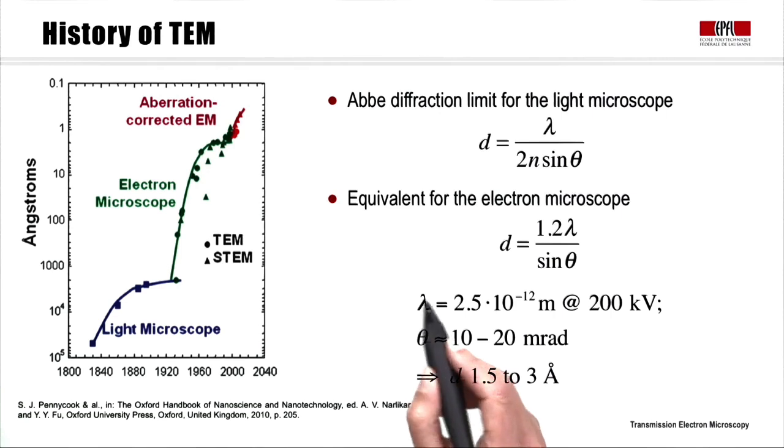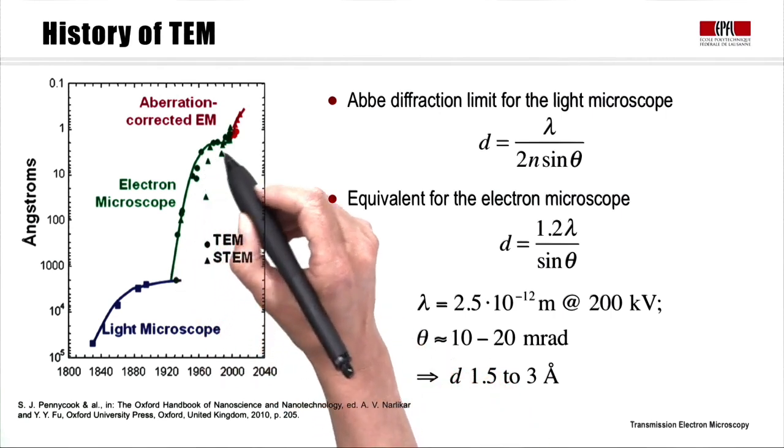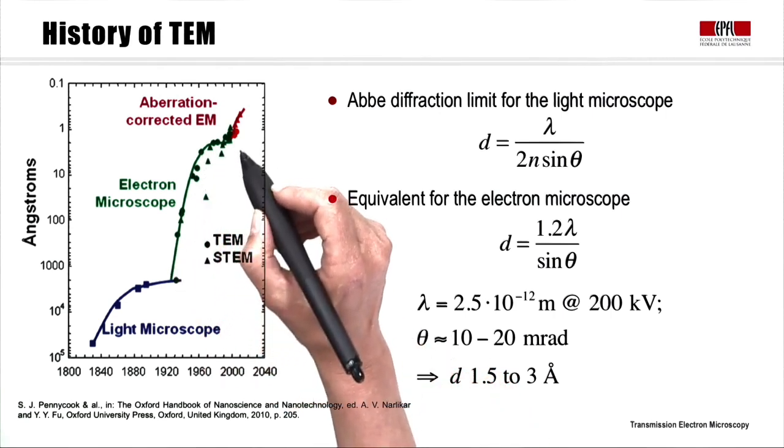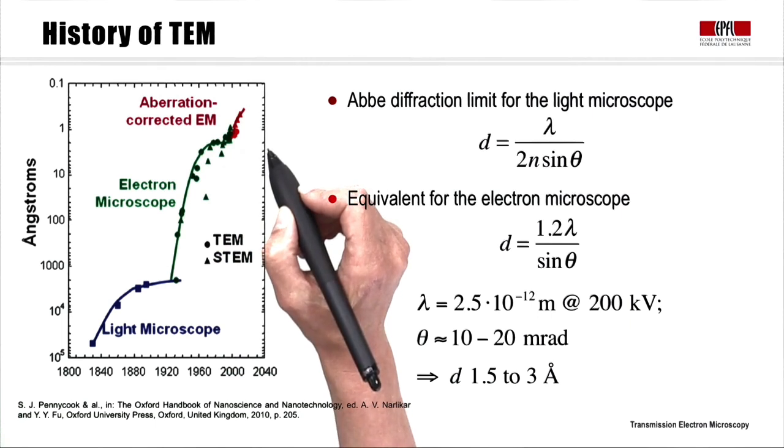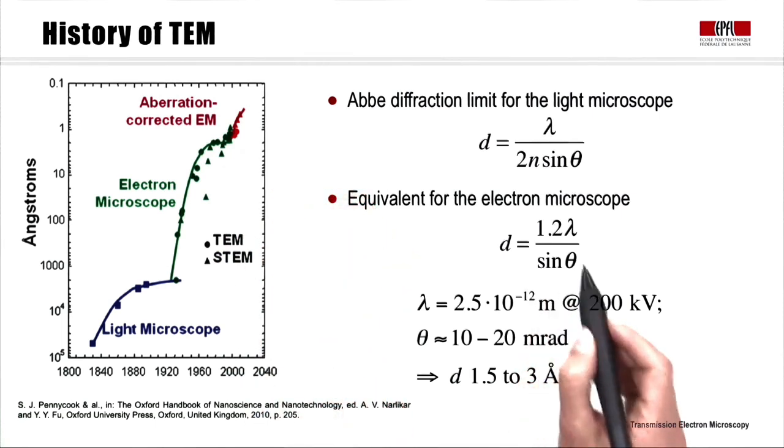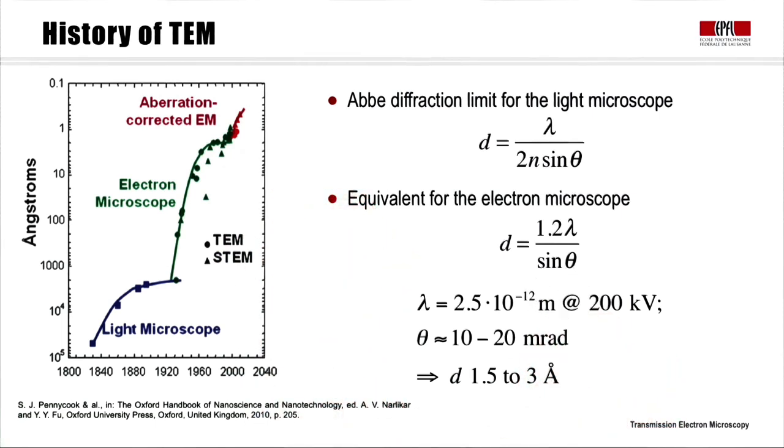And as soon as it started being commercialized, the electron microscope surpassed the resolution of the light microscope, and the resolution increased as progress was made to work with larger theta or smaller lambda. But then it also reaches a maximum, which is just below 1 angstrom.